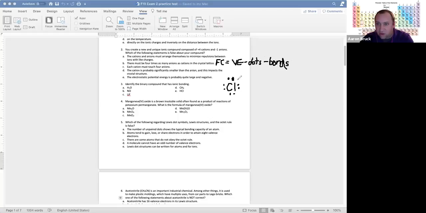So in the case of our chloride here, 7 valence electrons for chlorine minus 8 dots minus no bonds gives a formal charge of -1 on this chlorine, which is what we would have expected, by the way, because we were told this is the chloride ion, so we knew there was going to be a charge on it. Based upon its position on the periodic table, we would have assumed it was a -1 charge.